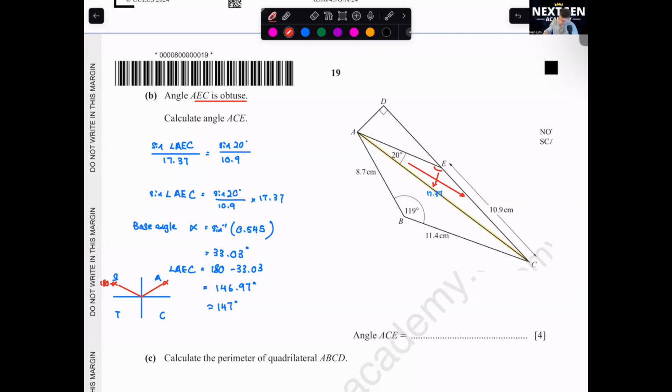So this little angle here is 147 degrees. Now we want to find this angle here, angle ACE, which is 180 minus 20 minus 147. And we'll get 13 degrees.